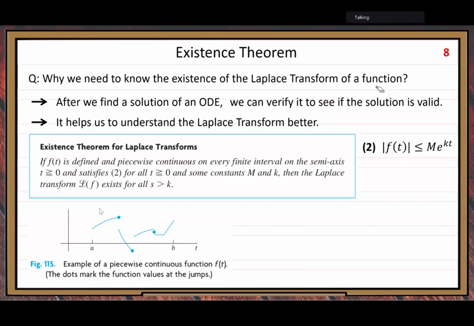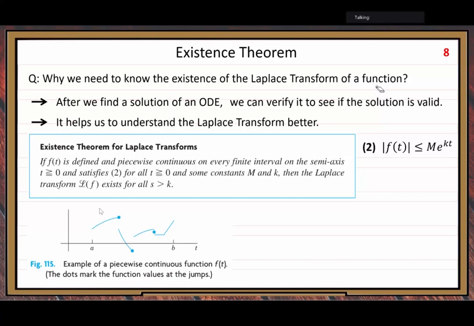If your f function can be bounded by a certain exponential function, then it has a Laplace transform. So with this simple condition you can see quickly. Then the Laplace transform exists for all s greater than k.